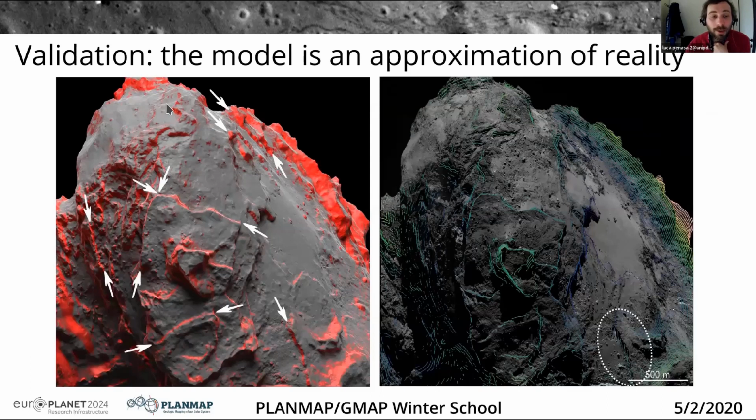These are renderings of the cometary body, and in red, I've shaded all the cliffs, so let's say the vertical walls on the cometary body. You see the cliffs tend to be oriented in this direction, or here in this direction, right? The idea is that if our model is good, we are able to correctly reproduce this orientation.